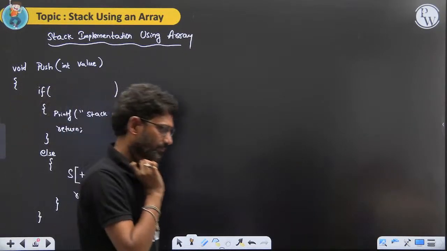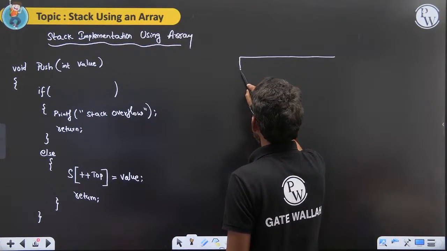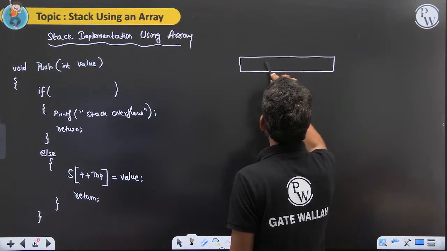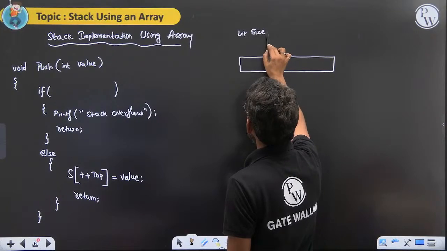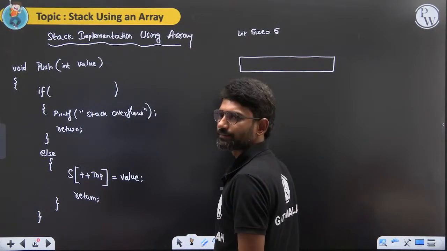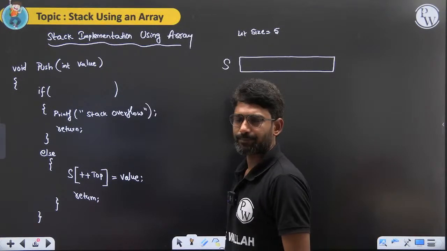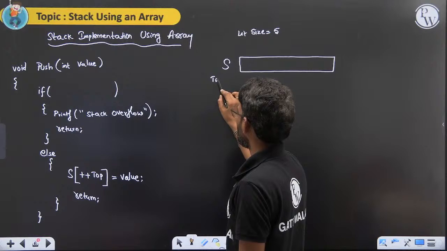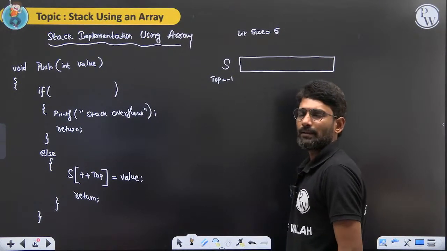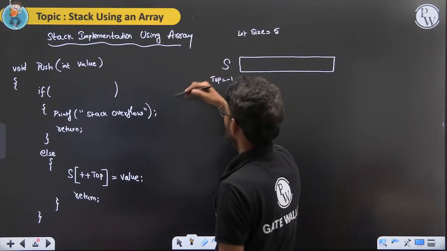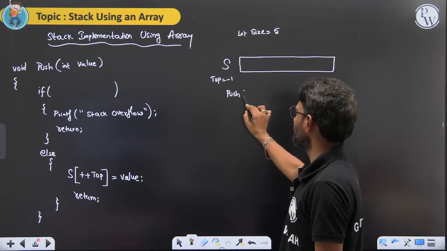Now, let I have taken the stack as an array. Let the maximum size is equal to 5. This is array S. Initially top is equal to -1. Now, let I would like to insert 10. So, push of 10 function I am calling.